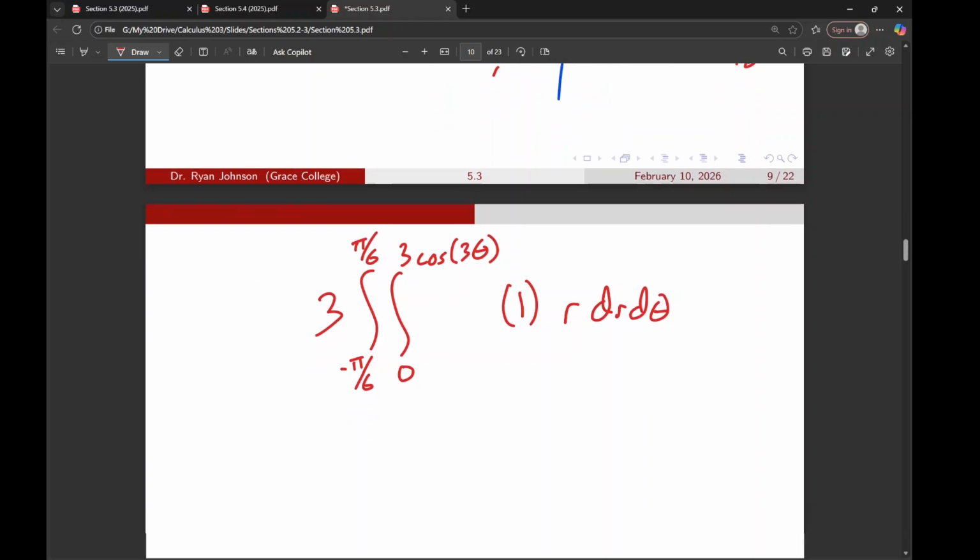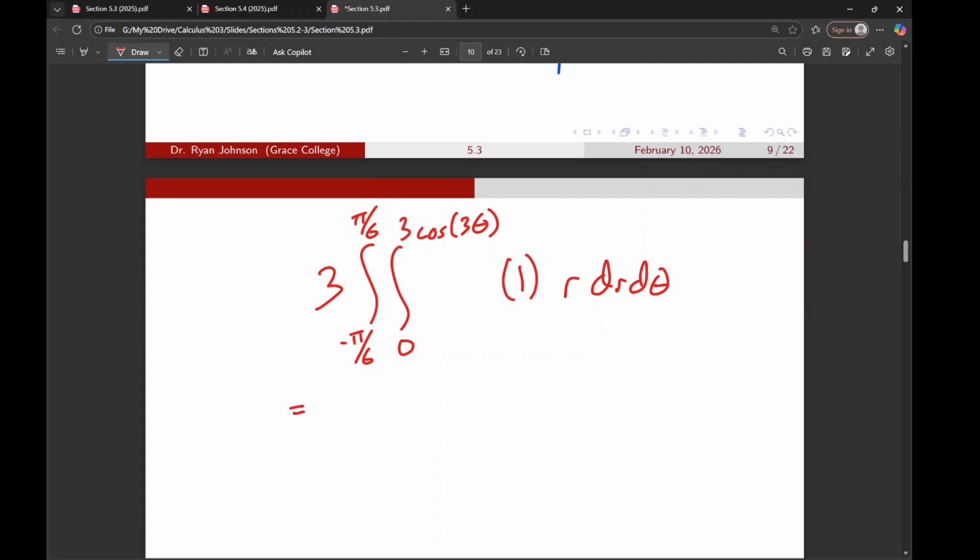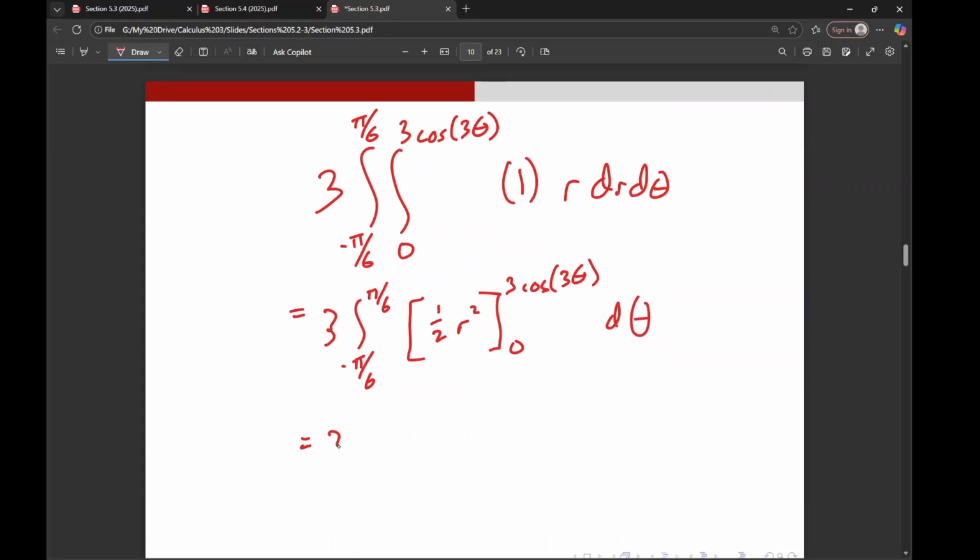Well, that means we solve this to get 3 times the integral from negative pi over 6 to positive pi over 6 of, integrating with respect to r, 1/2 r squared from 0 to 3 cosine 3 theta, d theta. So that's going to be 3 times the integral from negative pi over 6 to pi over 6.